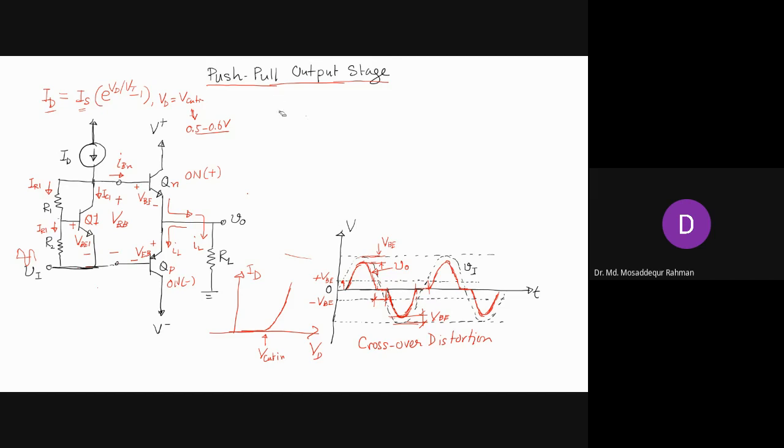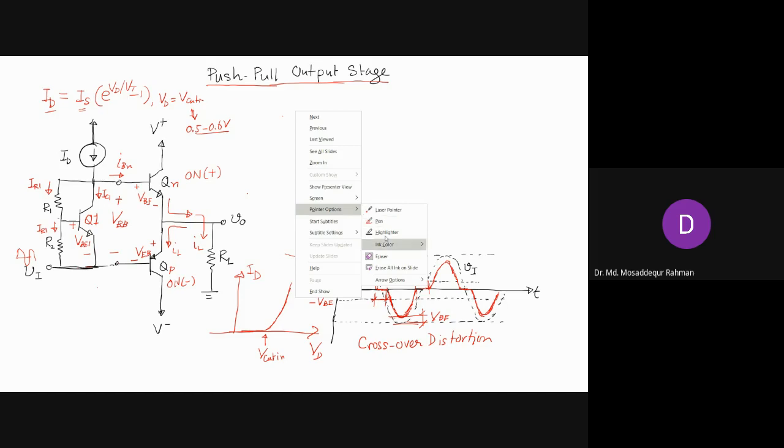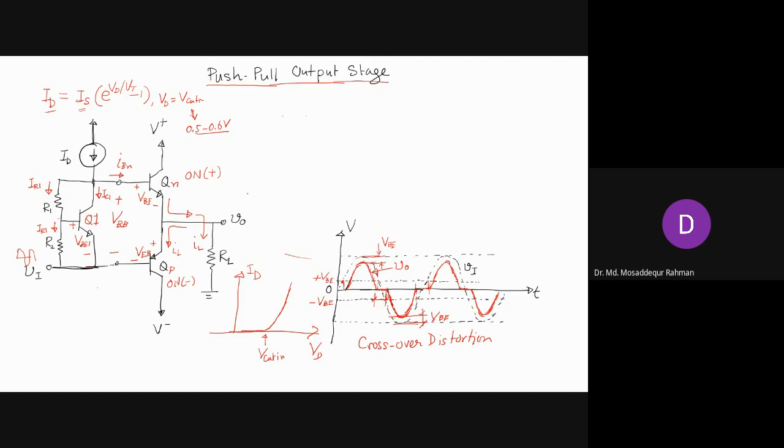Now, how does it work? We are pushing this current I through this. It shouldn't be ID, it should just be I, let's say. Part of this current will go through this. This is the forward base emitter voltage, and that will determine how much current will flow through R2.